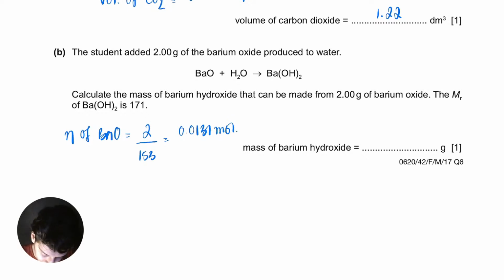The ratio is the same. So moles of barium hydroxide are also 0.0131 because the ratio is 1 to 1. So now I have to find the mass of BaOH. The mass is going to be the MR of BaOH times its moles, right? Easy. And they're all the same question, right?